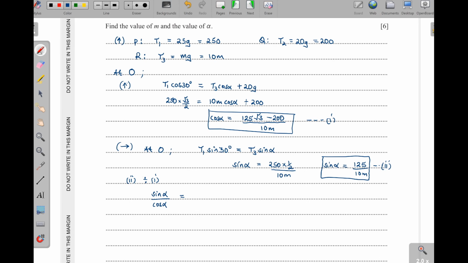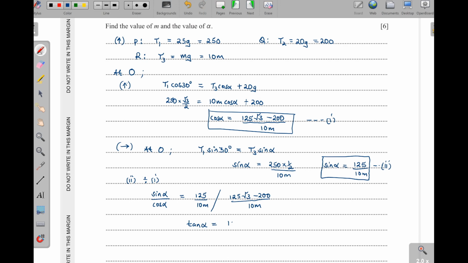Then this one will be equal to 125 out of 10m, then divide by 125 root of 3 minus 200 out of 10m. So when I multiply by the reciprocal of this one, 10m will disappear, and sine over cosine is tan.